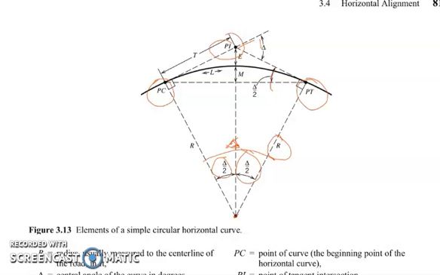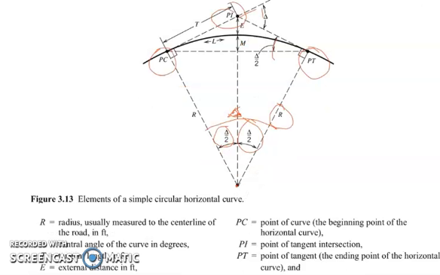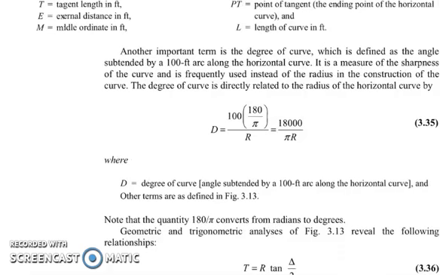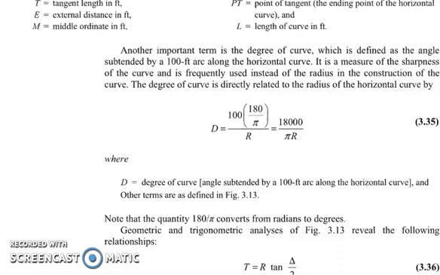We also have an important term to identify. We have what we call the degree of the curve. The degree of the curve is defined as the angle subtended by a 100 feet arc along the horizontal curve. It is a measure of the sharpness of the curve and is frequently used instead of the radius in the construction of the curve.